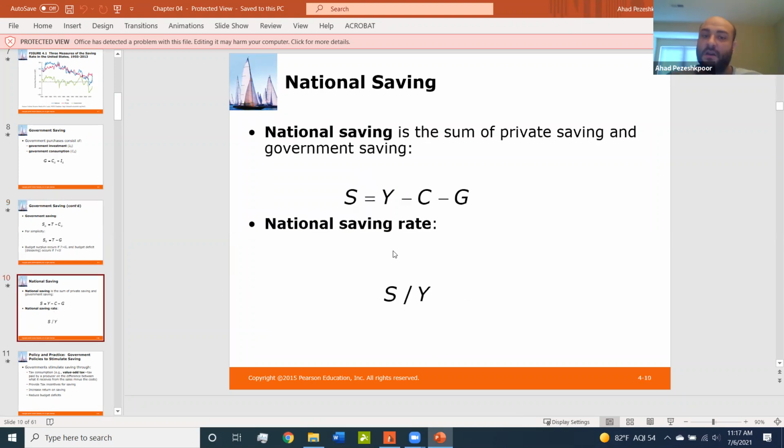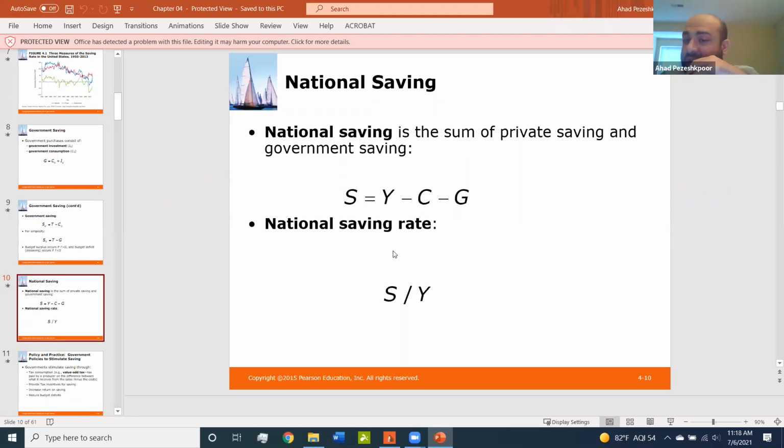Now, national saving, again, it's when you sum the savings of everyone in the nation, both private and the government. National saving is when you add everything together.